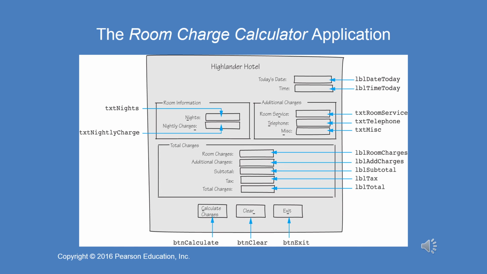You have your total charges group box and 5 controls in there. And you have 3 buttons, button calculate, button clear, and button exit. So this would be an excellent step 1 in visualizing the form and all the controls as they're going to exist on the form.